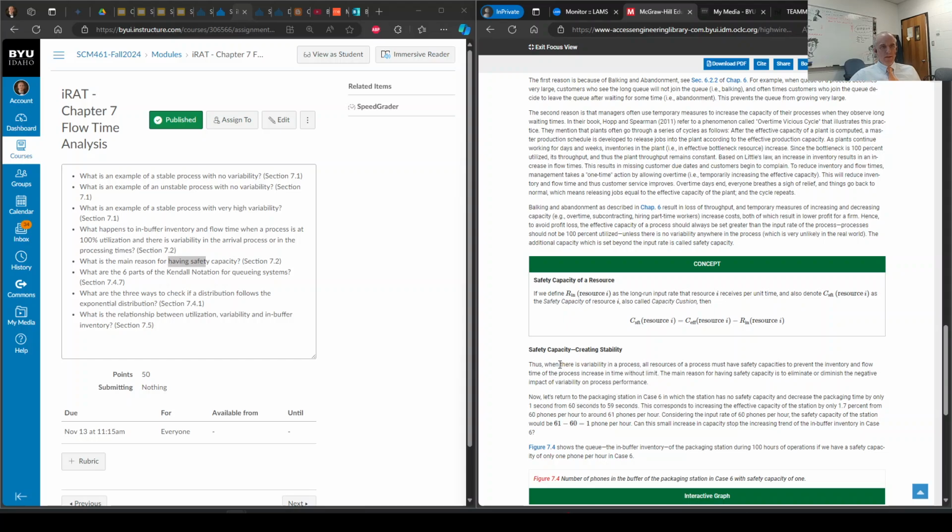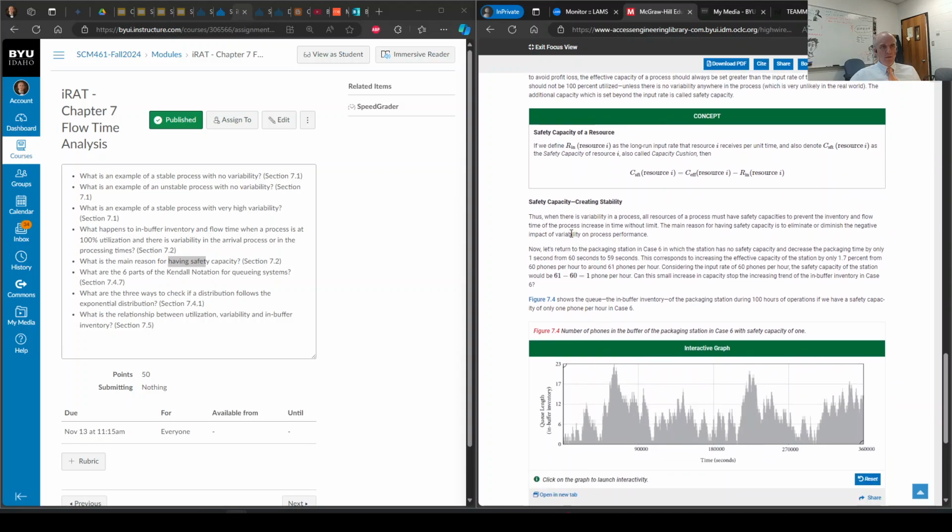And this section here talks about the main reason for having safety capacity. You can see here the difference for this same case 6 with safety capacity of just 1. All of a sudden this is a stable system. Even though the queue does go up to, what's that, 23 looks like, it is a stable system.